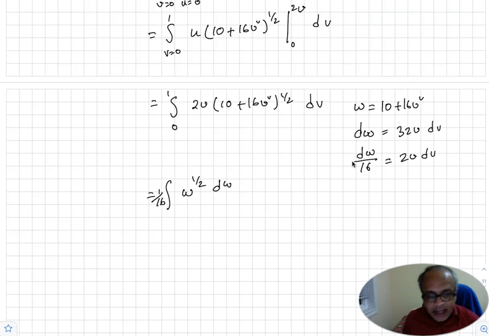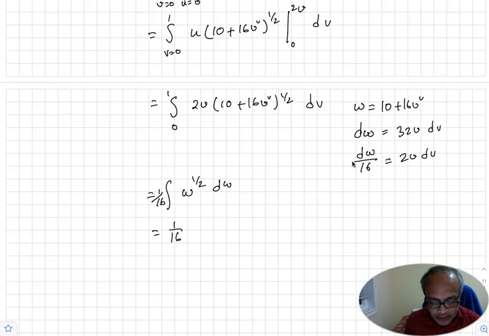Okay. And now I'd like to say that once we make this substitution or change of variable in a definite integral, it is necessary to change the limits. But the other way is that we can just calculate it as an independent integral and then return back to the original variable. We don't have to change the limits. So I just ignore the limits for a moment, and I will calculate the integral without considering them.